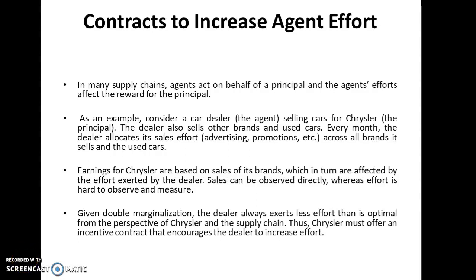The next point is contracts to increase agent effort. In many supply chains, agents act on behalf of a principal, and the agent's efforts affect the reward for the principal. For example, consider a car dealer, that is the agent, who is selling cars for Chrysler. He is the principal.